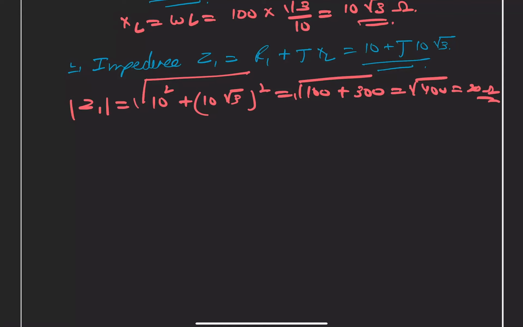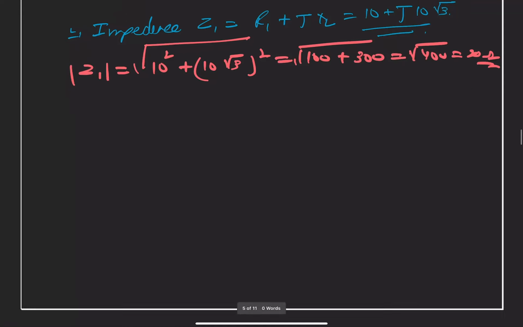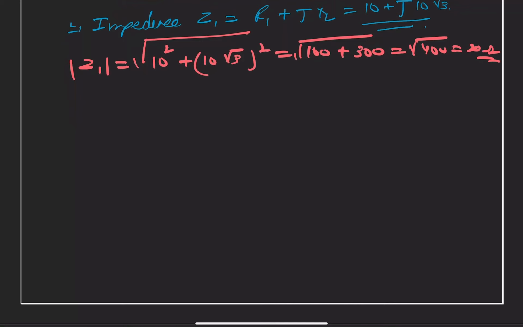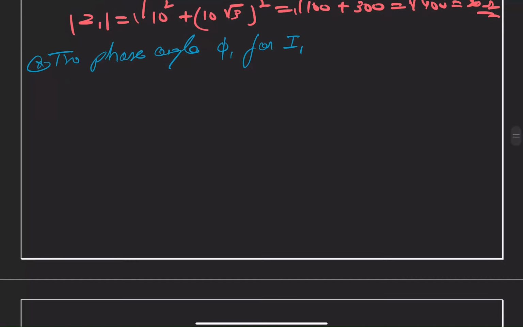Therefore, we can find the phase angle now. Let us suppose that is phi1 for current I1, and that will be equal to tan inverse of XL upon R1.